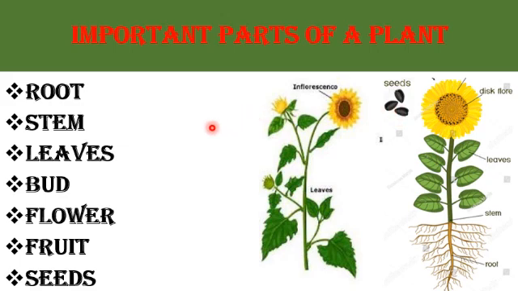So important parts of a plant: root, stem, leaves, bud, flower, fruit and seeds.